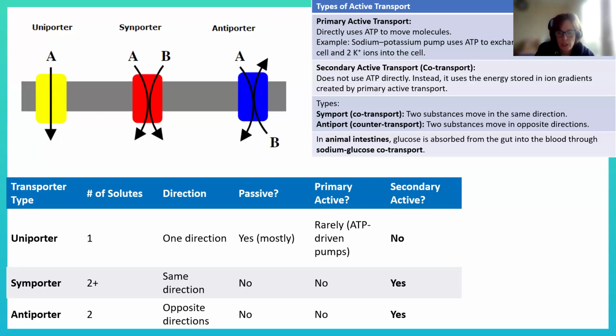Try not to worry too much about this at the moment. This is quite detailed and a bit above the level. You're not going to be asked a lot about this sort of stuff at this level. Yes, you need to have a background of what's going on because we are going to use movement across the membrane when we talk about nerves and muscles soon, but don't worry too much about these definitions.